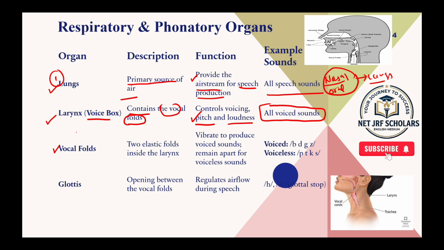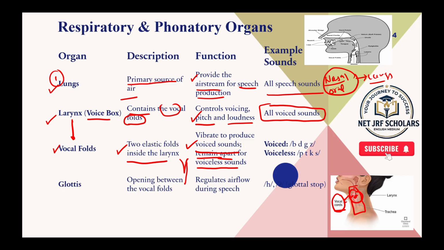After that, we have the vocal folds within the larynx. These are two elastic folds inside the larynx. This is completely a voice box, and here we have vocal folds or vocal cords. Within this we have two elastic folds which vibrate to produce the voiced sounds and remain silent, or they have multiple functions.